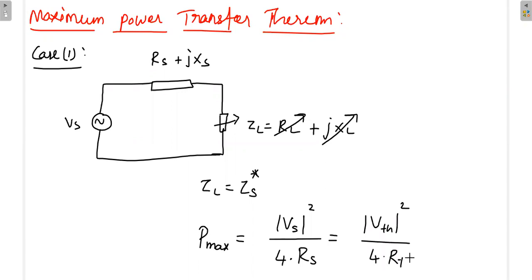And please make sure that this V Thevenin has to be represented in RMS, because whenever you calculate the power, the voltage or current that you are using has to be in an RMS domain. Because whenever you deal with an AC signal as an input, if you want to find out the power, definitely the voltage or current has to be in RMS value. Okay.